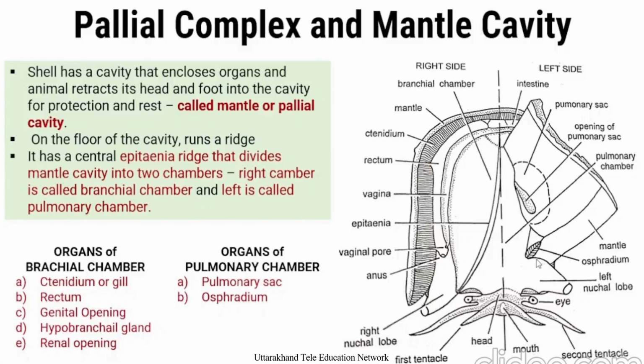Bipectinate means feather-like, and if I say monopectinate, it means cone-like. It consists of 22 to 28 fleshy and somewhat triangular leaflets. And most of the time, it helps in testing the physical and chemical qualities of the entering water and aids in the selection of food. And this is about the osphradium.